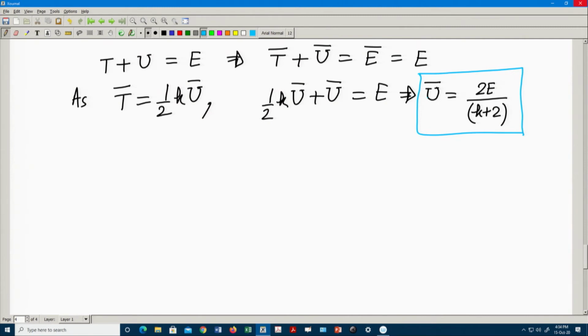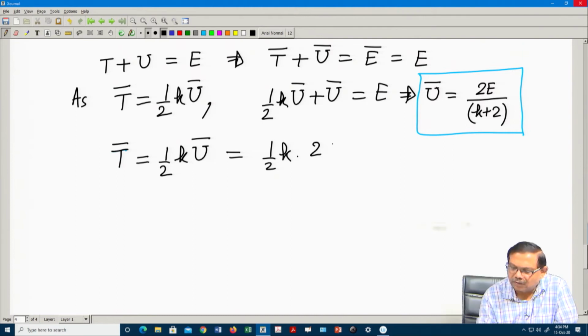So, now I can find an expression for T bar also. So, T bar, which is half k u bar. So, half k and u bar is 2E upon k plus 2.